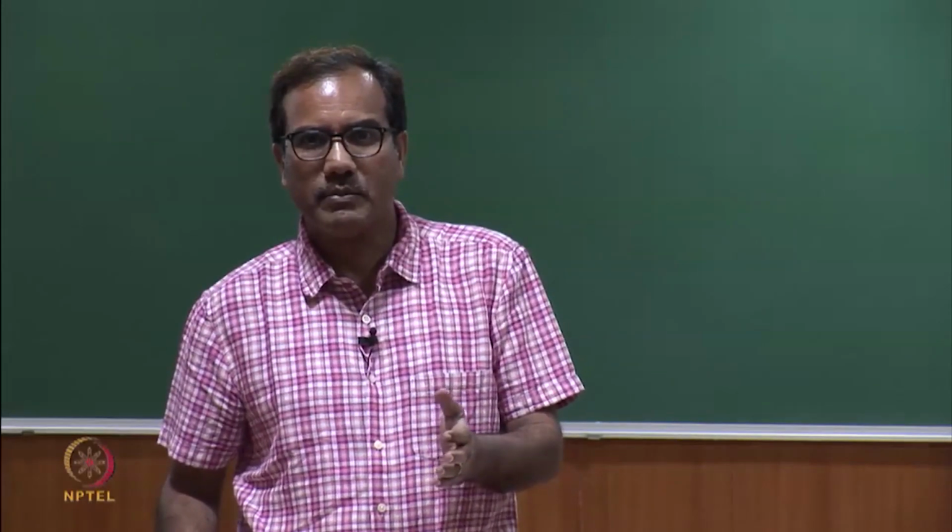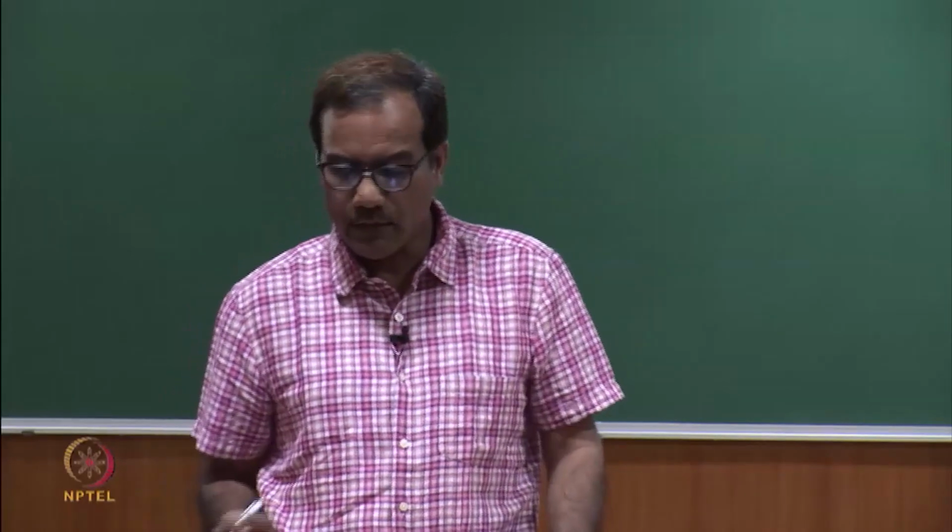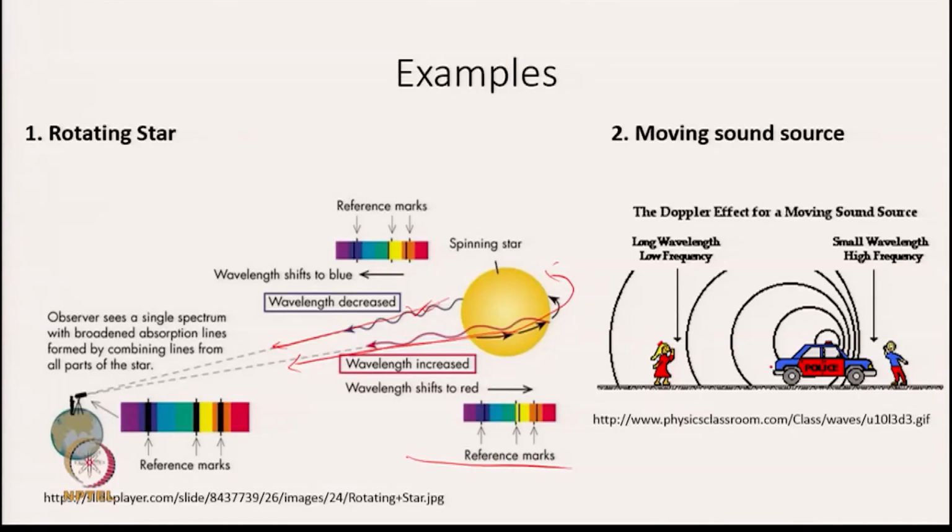What about a sound source? If the car is moving towards you and there is a siren, it will appear to be of smaller wavelength and high frequency to this person, whereas it will appear to be of longer wavelength and low frequency to this observer.